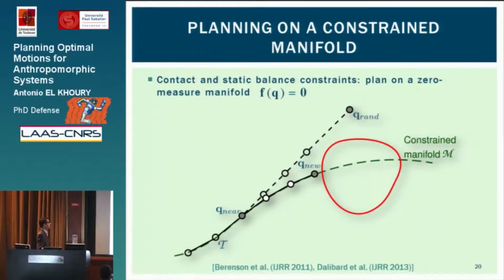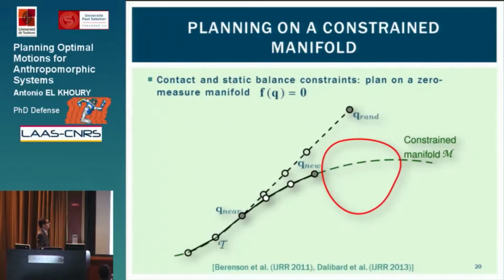We look for the nearest neighbor, and then we simply do linear interpolation to get those samples. But of course, these samples are not on the manifold, because since we have a zero-measure manifold, the probability of sampling q_rand or obtaining those configurations on the manifold is 0.